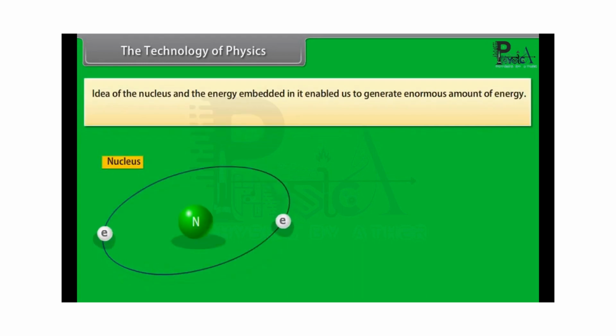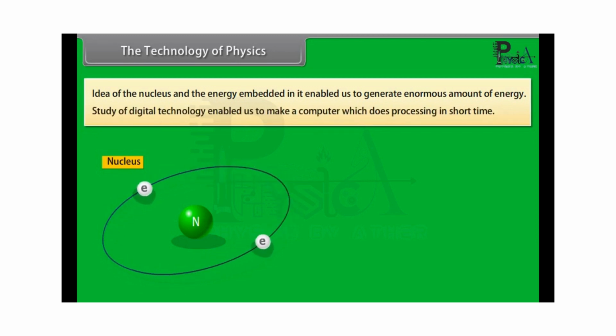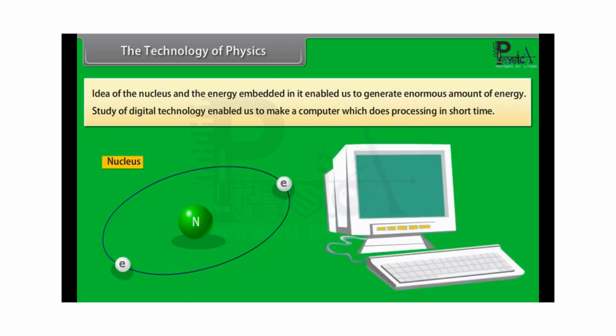The technology of physics. The idea of the nucleus and the energy embedded in it enabled us to generate an enormous amount of energy. Study of digital technology enabled us to make a computer which does processing in a short time.